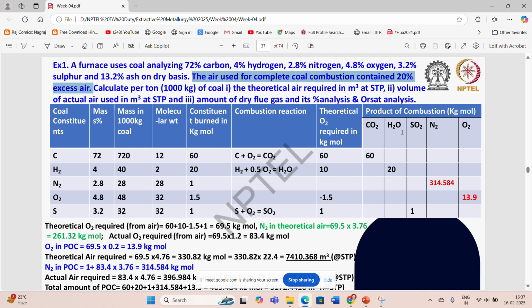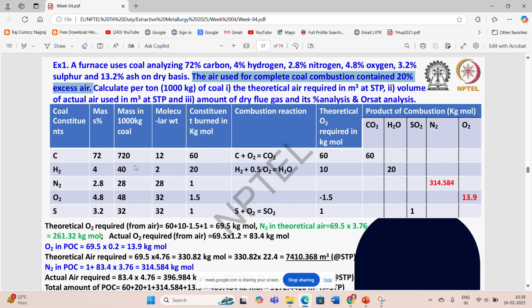So carbon is going to get converted into CO2 and H2 is getting converted into H2O, while N2 will remain as N2. O2 is going to react during the whole process, then sulfur is going to get converted into SO2. So according to the 1000 kg coal and mass percentage, we can calculate the amount of particular elements present in a fuel source.